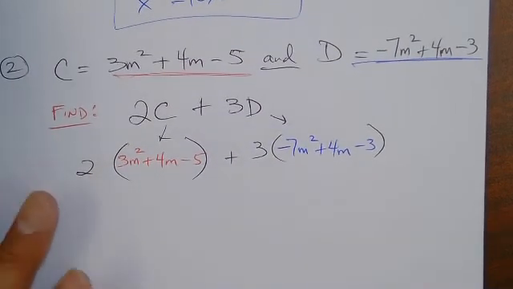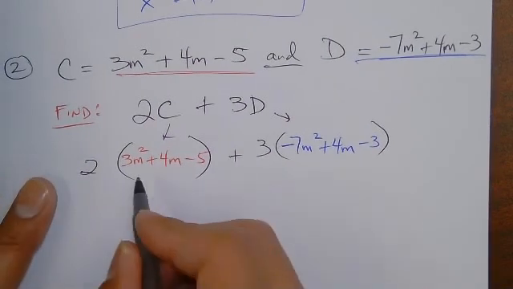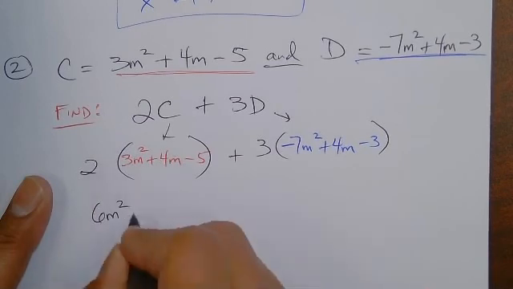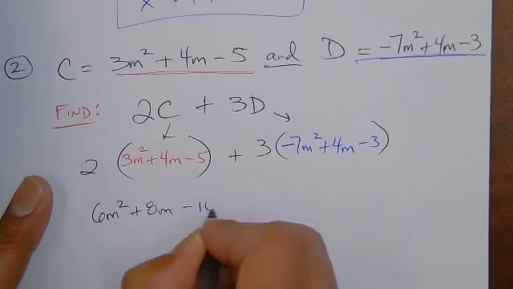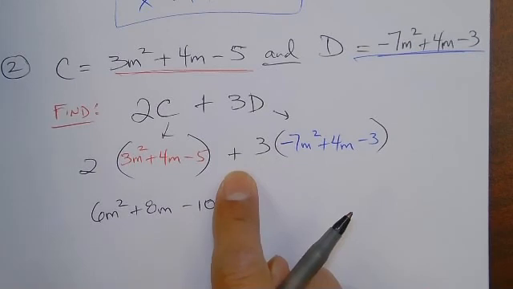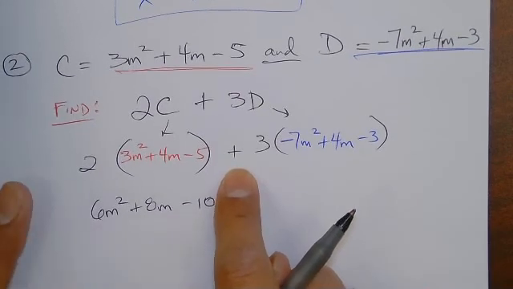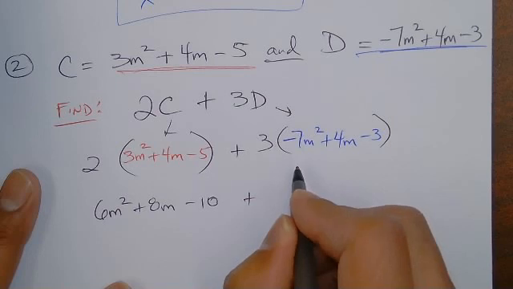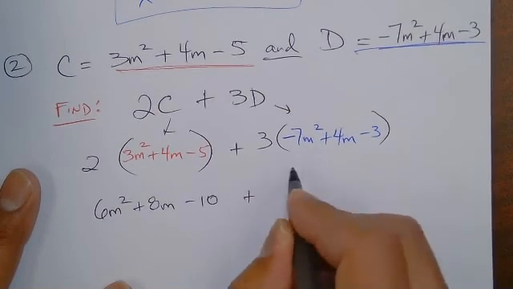Okay. So we got to multiply the 2 in here. We got to multiply the 3 in here. I think we're good. We know how to finish this up. Okay, let me just do it. I'm going to get 6m squared plus 8m minus 10. And luckily when it's plus, you don't have to worry about changing signs.